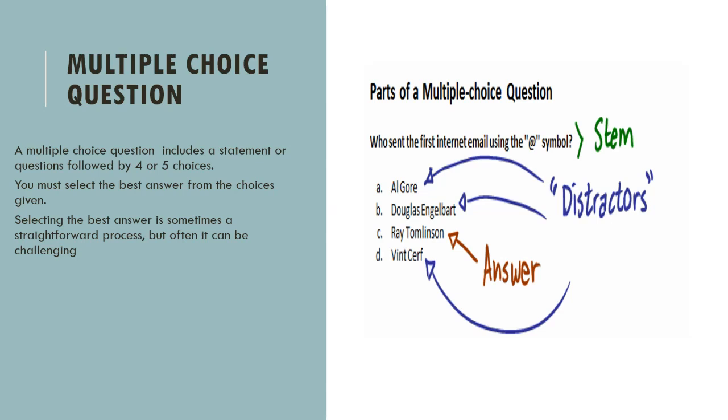Then we have what we call the options, A, B, C, D. Amidst your options, you will have distractors, which are not the correct answer, and then you'll have one correct answer. So we call these distractors. The reason I thought I'd share these terms with you is that when I talk about how to approach it, I will use the words distractors and stem.